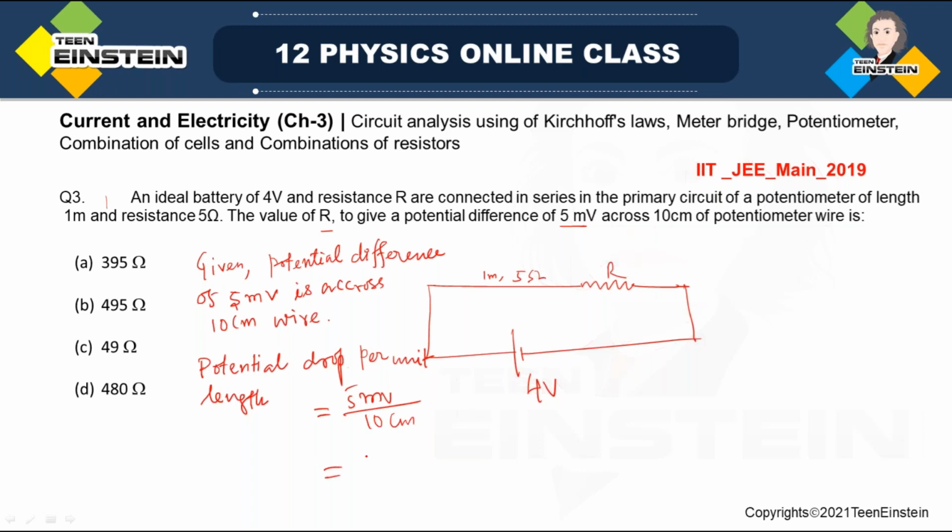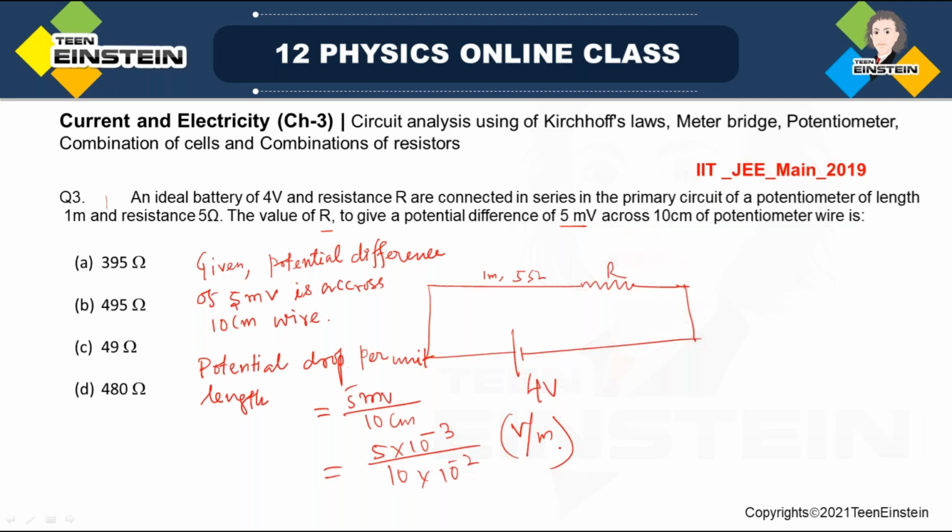So the potential drop per unit length is 5 into 10 to the power minus 3 divided by 10 into 10 to the power minus 2, and the unit is actually volt per meter.